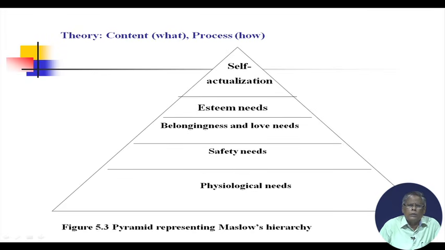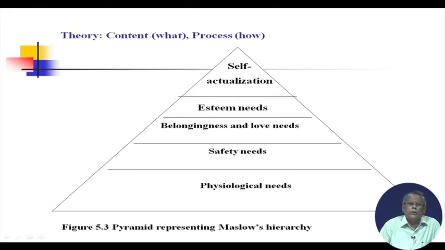Then he will go to satisfy the safety and security needs, like a house, living in a good community area. Then the belongingness and love needs, where he can give love and get love. Then he will satisfy the self worth needs through recognition, through competency in skill, knowledge and attitudes, and getting recognition from others.